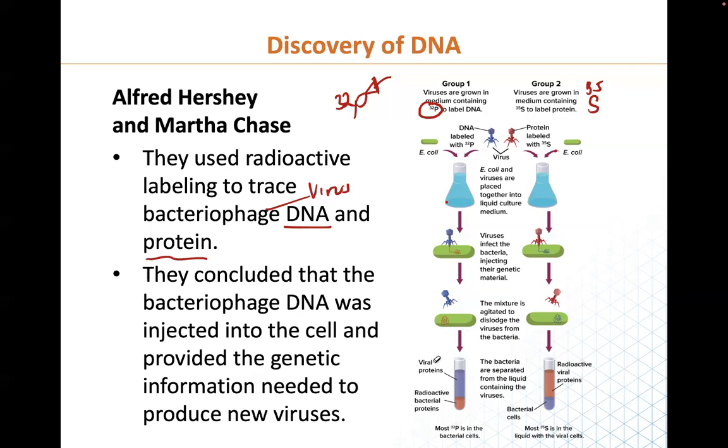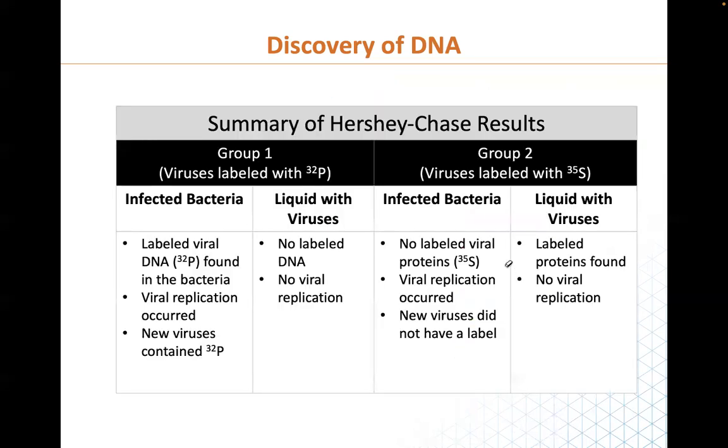That is to say, it got inside the bacterial genetic material, while the sulfur 35 was mostly found in the viral body or the container of the virus, but not in the bacterial cell. So what does that mean? The meaning is the genetic material, the DNA, went into the bacteria, but the sulfur did not actually go into the bacteria.